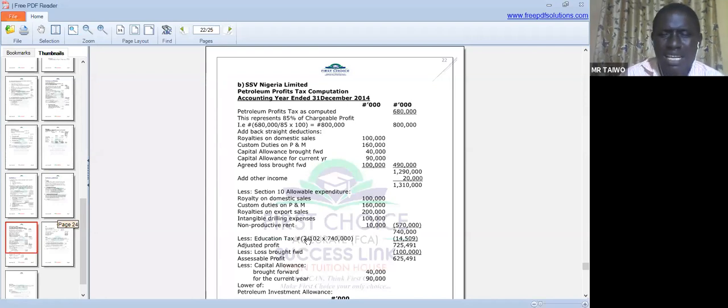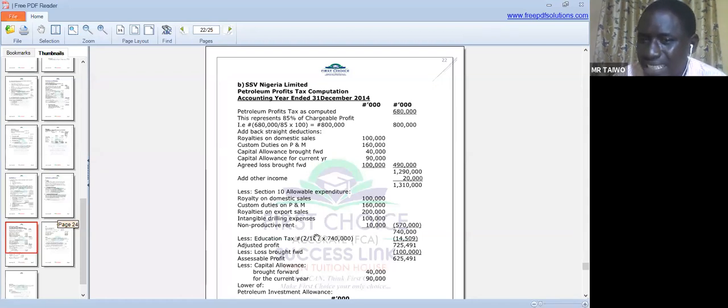So I will advise that, based on what we are teaching, you should also refer to your pack when you are reading. This item should also be used in determining the tax liability, I mean, to determine the education tax. So in this instance, it should have been 740,000 minus 100,000 times 2 over 102.